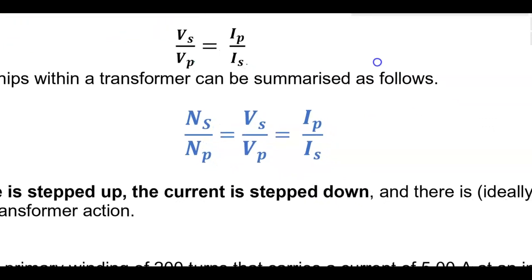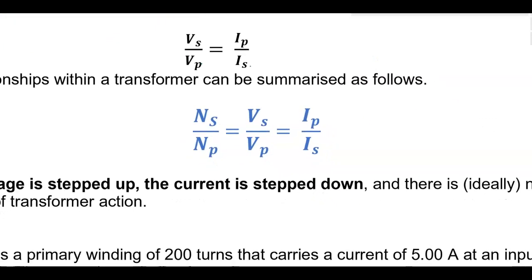So the next relationship, which summarizes pretty well all we need to know for transformers, is that the ratio of the number of turns is the same as the ratio of the voltages, but it's inverse to the ratio of the currents.